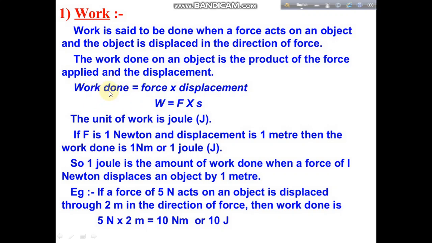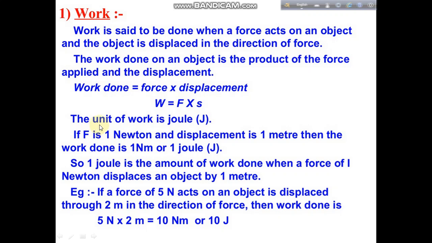That is, work done equals force into displacement. Now, work done is denoted by W, force by F and displacement by S. Then the equation for work done will be W equal to F into S. The unit of work is joule.